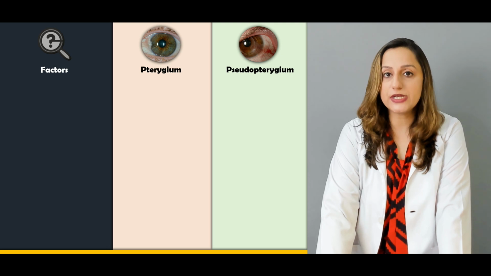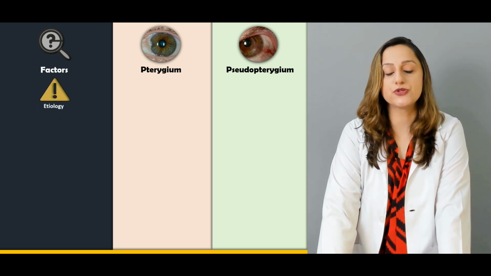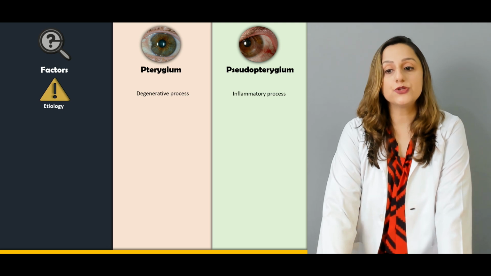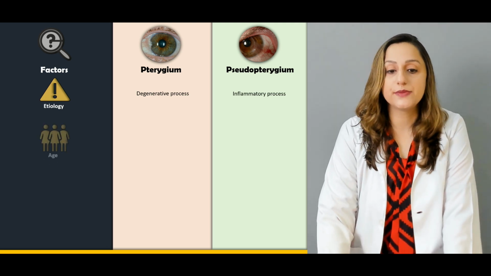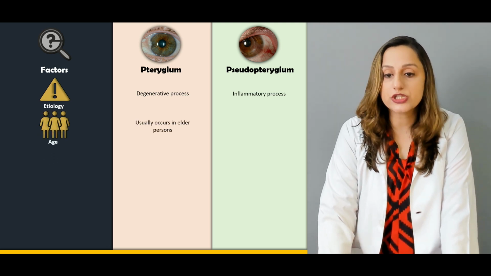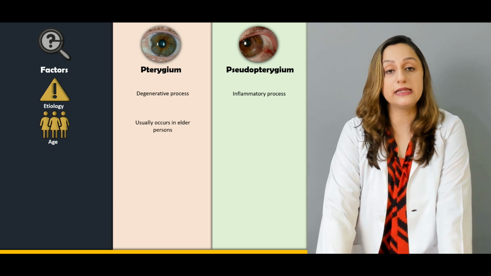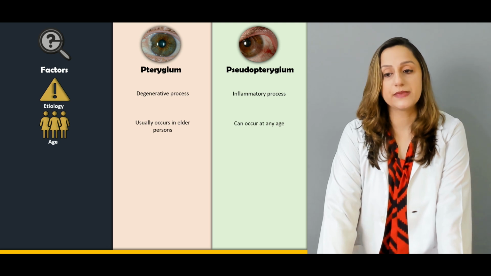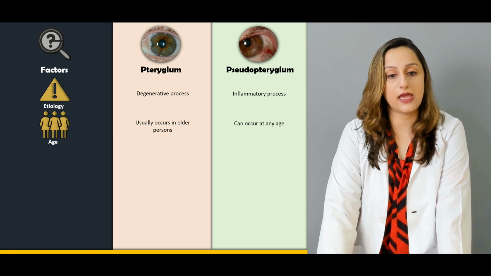Whenever we are differentiating the pterygium from pseudopterygium, we have to focus on the etiology of both. Pterygium is a degenerative process, and on the other hand, pseudopterygium is an inflammatory process. Age is very important. Pterygium usually occurs in elderly individuals, while pseudopterygium can occur at any age.